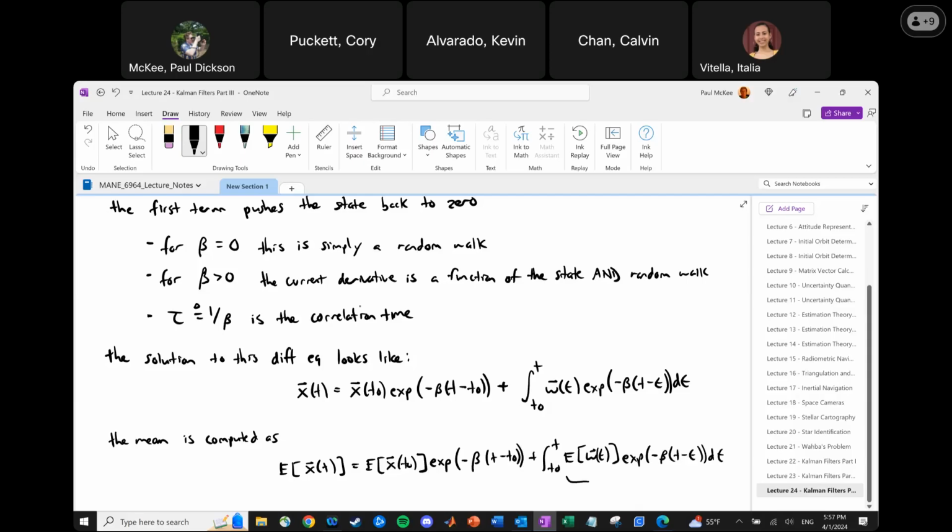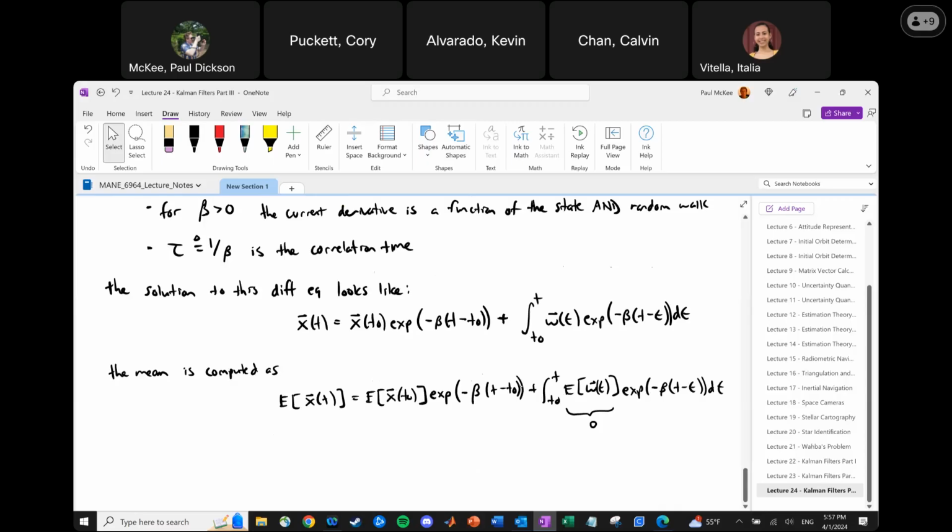So because this is 0, the whole second term goes to 0, right? The expected value of the noise is 0.